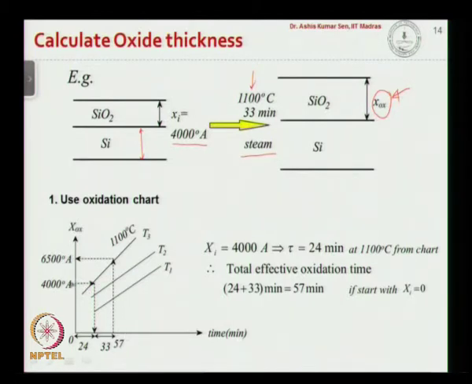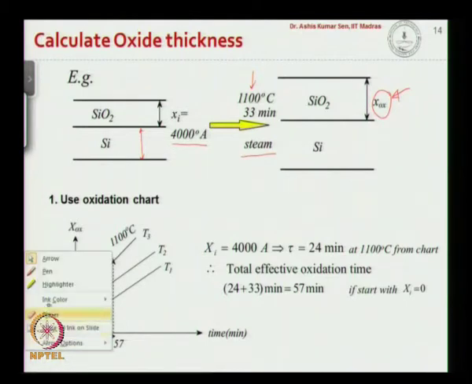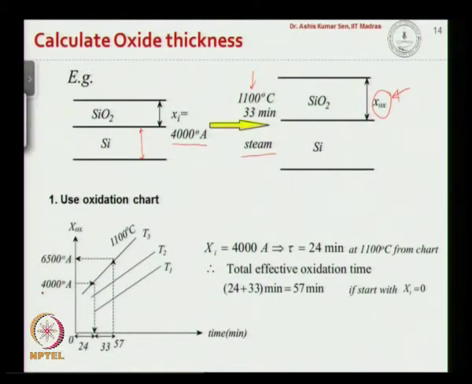For 4000 angstrom and temperature being 1100 degrees centigrade, this temperature is what we are going to use for the existing oxide layer thickness. Assuming that it were grown at 1100 degrees centigrade, what would have been the time?